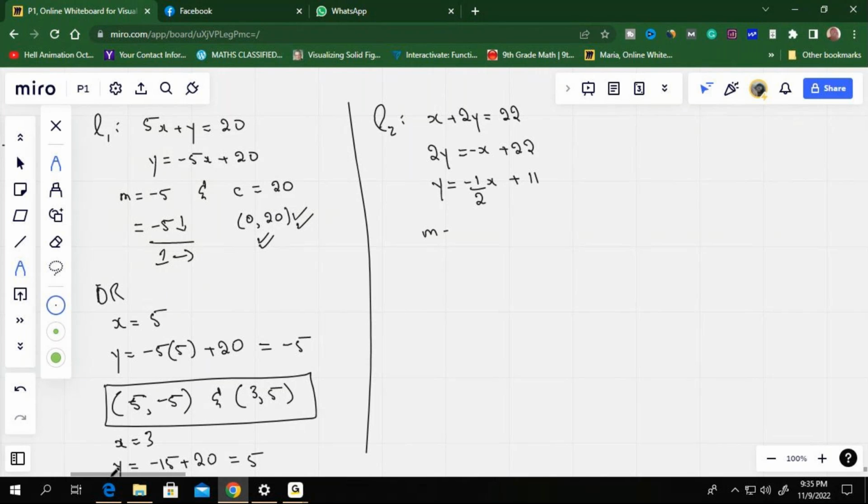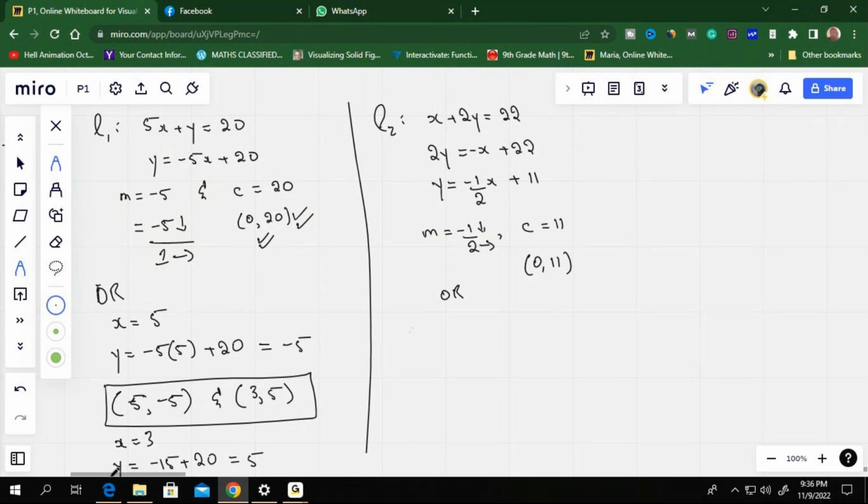My slope is minus half and my y-intercept is 11, that is (0, 11). So I need 11 units on the y-axis to pick up this point, and then I will shift this point 1 unit down and 2 units right to get the other point. Either you can go in this way or get some close values just for convenience.